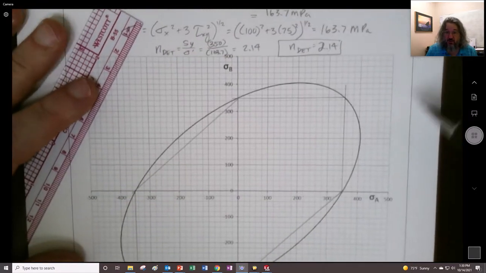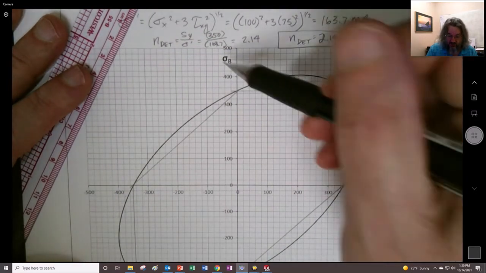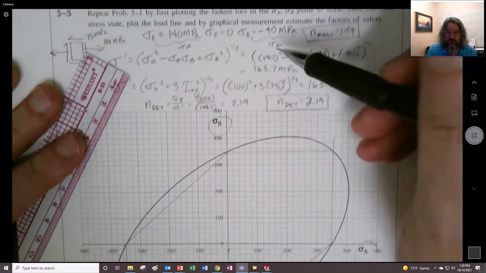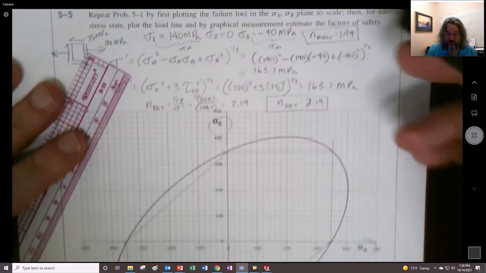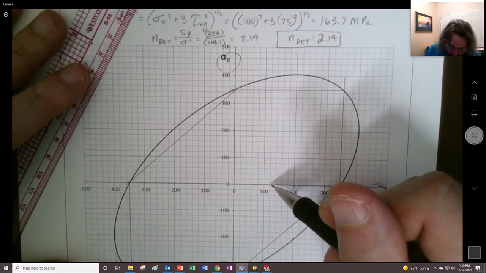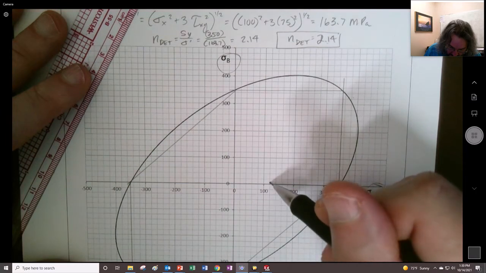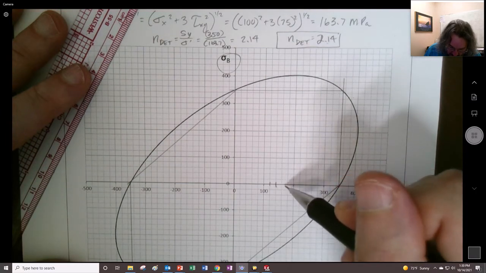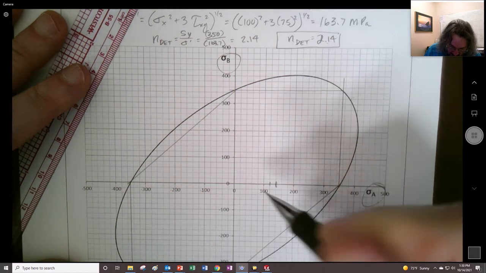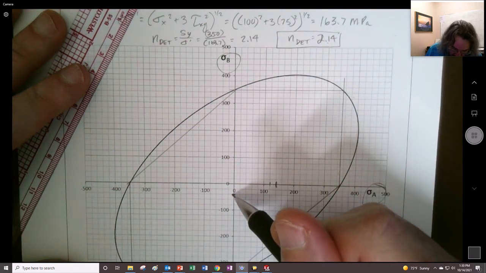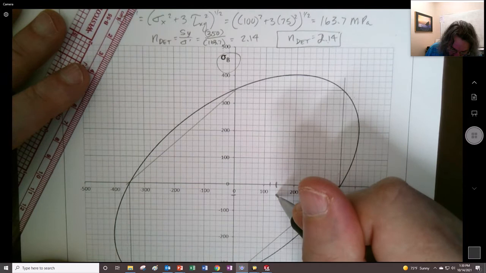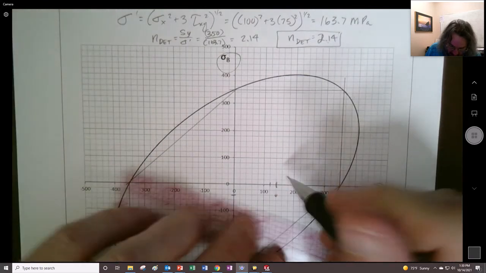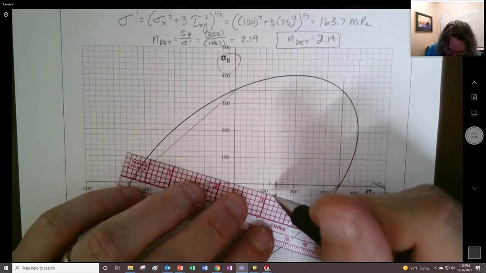All right, so our principal stresses, that's what we actually plot on our failure loci. Well, they were 140 and negative 40. So this is 120, 140, right there. 160, 180, yep, right there. And then 40 went at negative right there. So we end up being at that spot right in here.